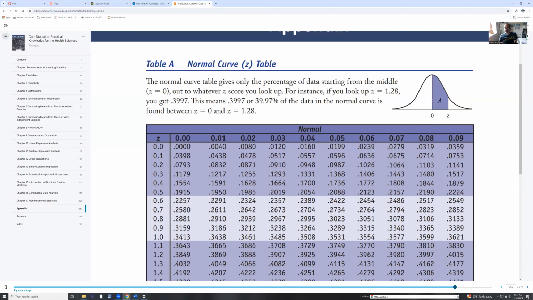This table, and this is really important, only shows you the difference between the mean and your z-value to the right. So these are all going to be positive values. If it showed you values to the left, they'd be negative. But because this distribution is symmetrical, everything you see to the right is equal to everything you would see to the left. So the difference between 0 to z is the same as the difference from 0 to negative z.